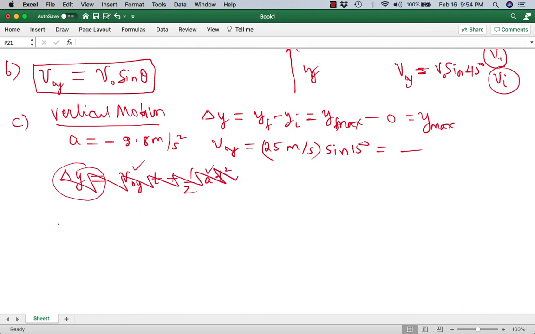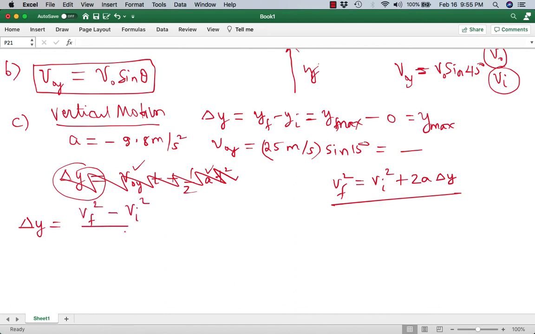So the next formula we have is v final squared is equal to v initial squared plus 2a delta y. Let's write this in terms of delta y. So delta y is equal to v final squared minus v initial squared over 2a, just rearranging the terms.